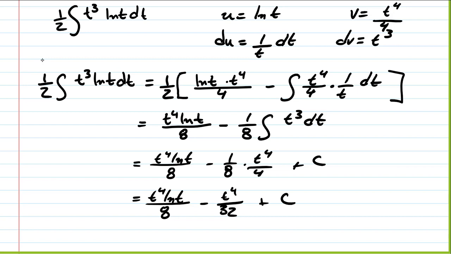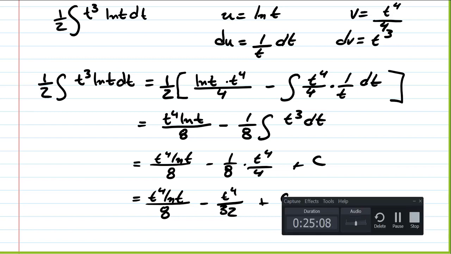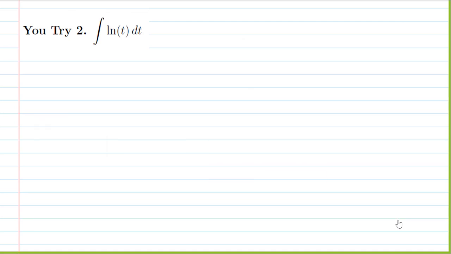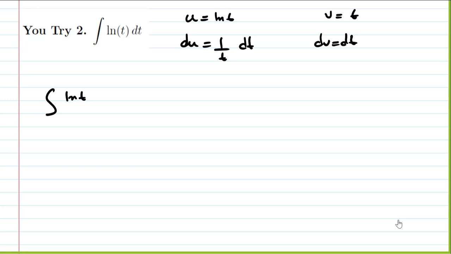All right, so now it's your turn to take a look at the integral of the natural log of t. Let's go ahead and see what we get. If we pick u to be the natural log of t, and we pick dv to be dt, then the antiderivative of dv is t, and the derivative of ln t is 1 over t dt. So we get that the integral of the natural logarithm of t dt is u times v, so t ln t, minus the integral of v du.